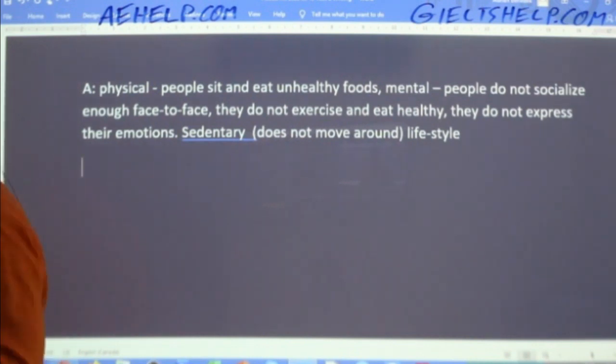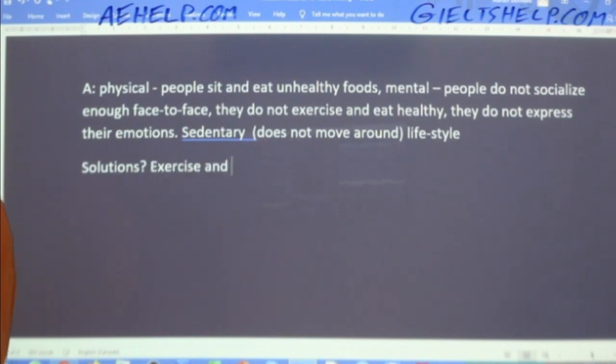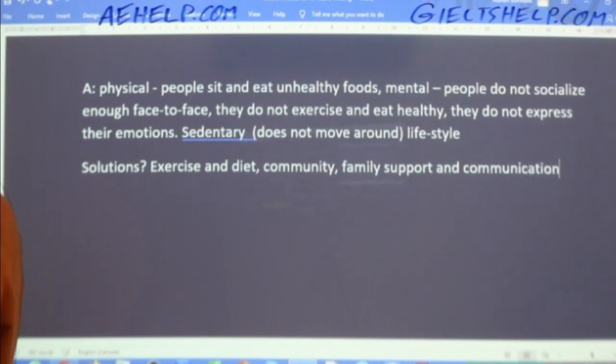So what are the solutions? Of course, exercise and diet, as well as community, family, support, and communication. All right.